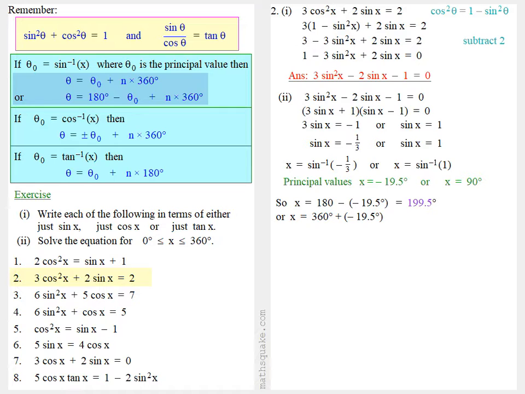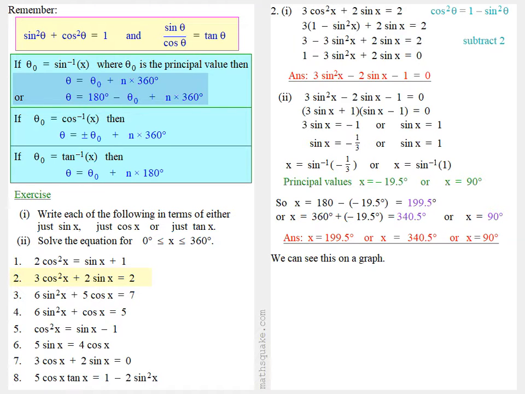Or it could be 360 degrees plus minus 19.5 degrees, which is 340.5 degrees. And if x is 90, that is the only case it can take. So we have three solutions. x is 199.5 degrees, or it's 340.5 degrees, or x is equal to 90.